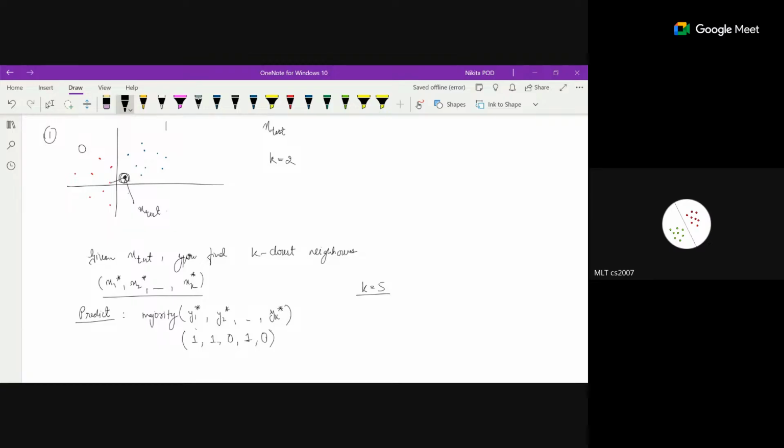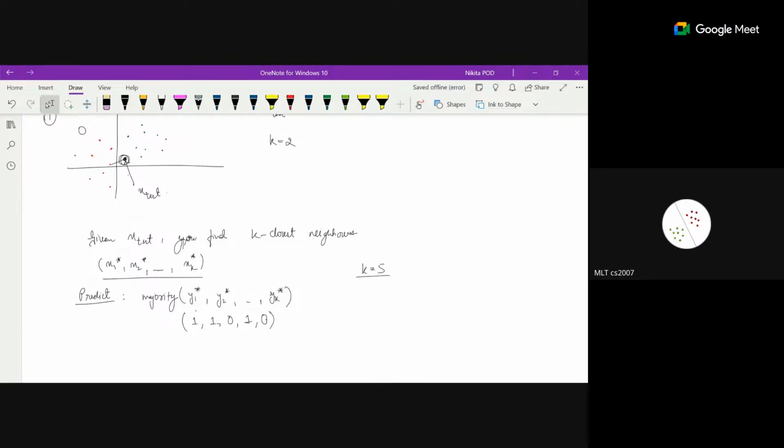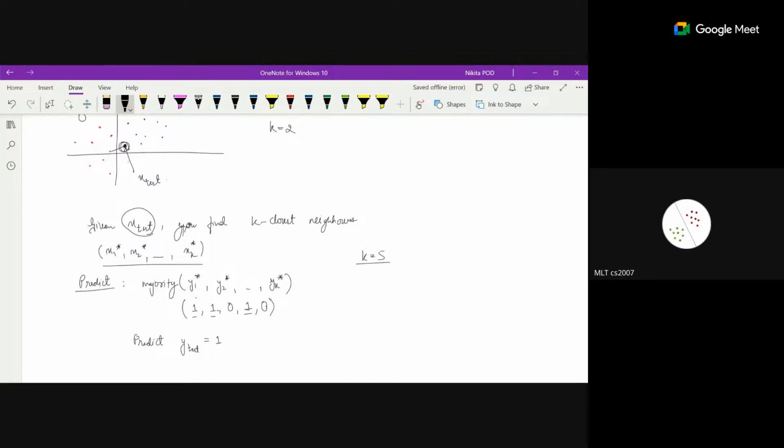If I have to predict the label for X test, what will I predict? I am going to see that out of five, three are one. So one should be a good answer here, right? I will predict y test to be equal to one.